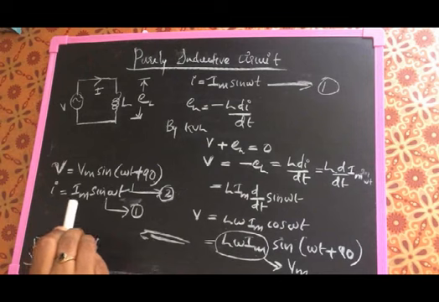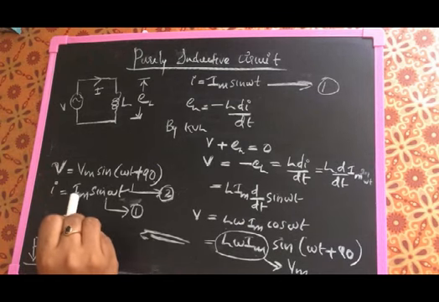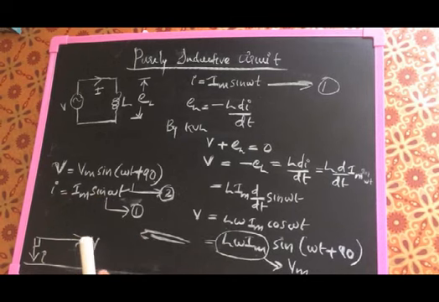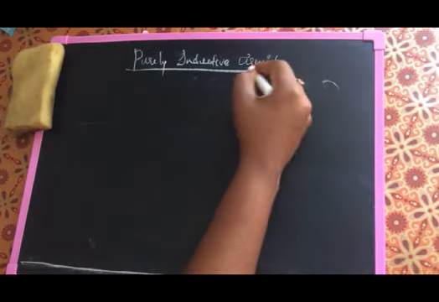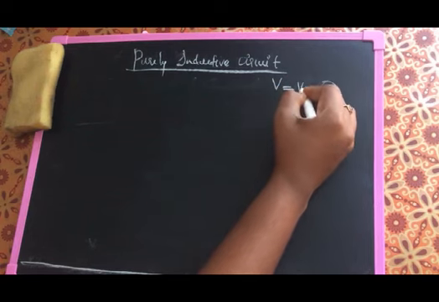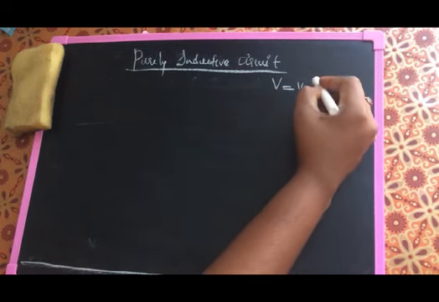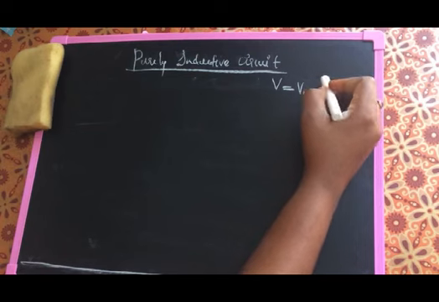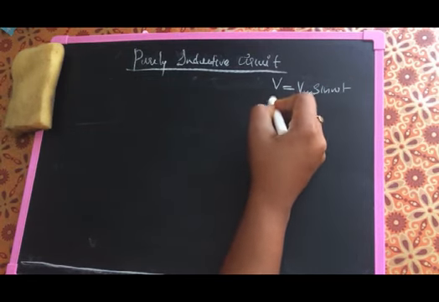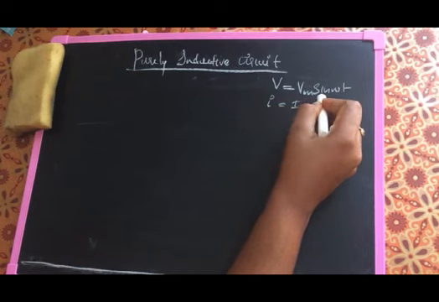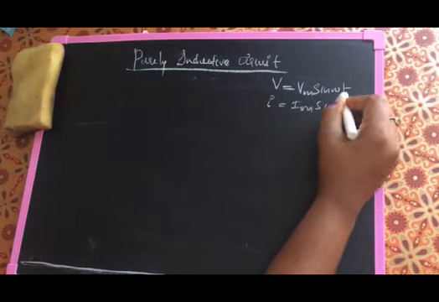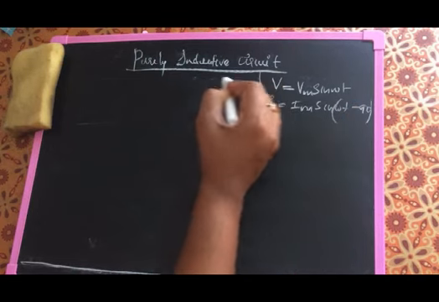Reference means the sine omega t, that is, which one you are taking as reference, Im sin omega t or Vm sin omega t. So in a purely inductive circuit, if you are taking voltage as reference, v = Vm sin omega t, then i = Im sin(omega t - 90 degree).